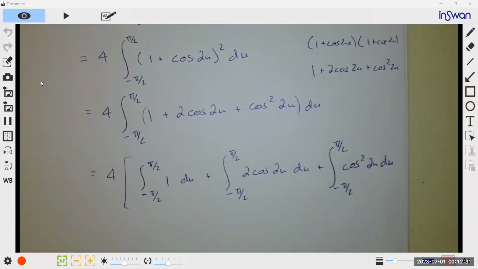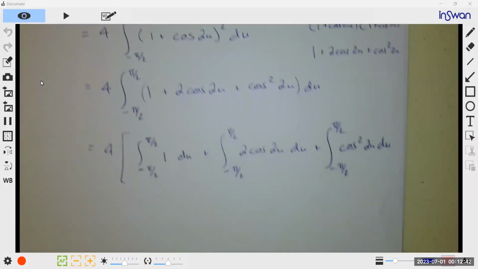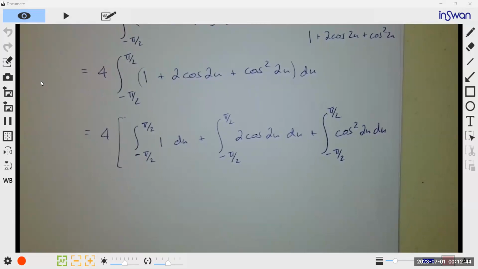But what we have to do, before we could really plug these in, is put them so they're easily integrable, so that we don't have to use any other rules.